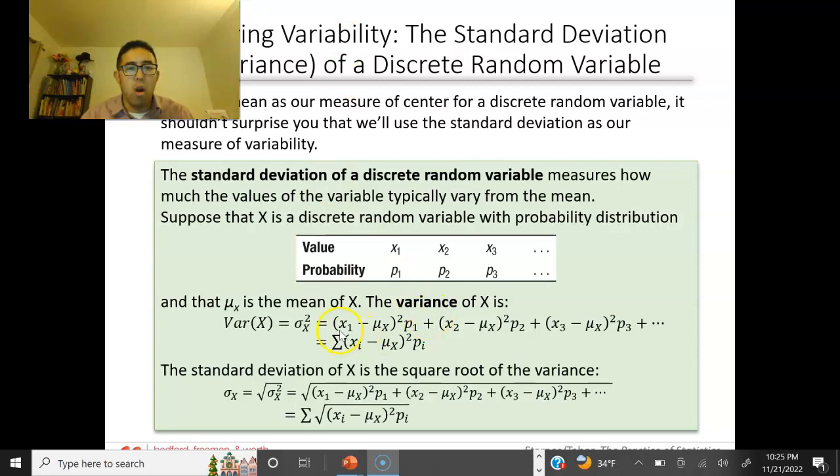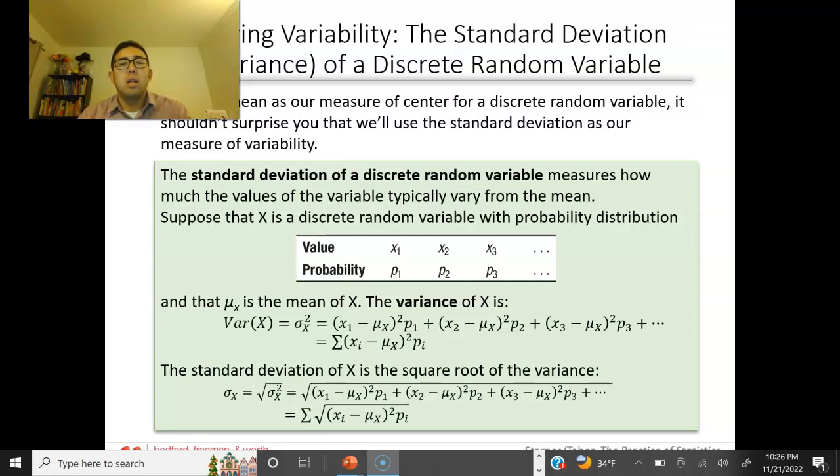Right? So we take each of our values and subtract the mean. In case you were wondering, this is the expected value of x. This is the mean value, your expected value. So you take x1 minus the expected value of x, and then you square it, and then you multiply by its probability.